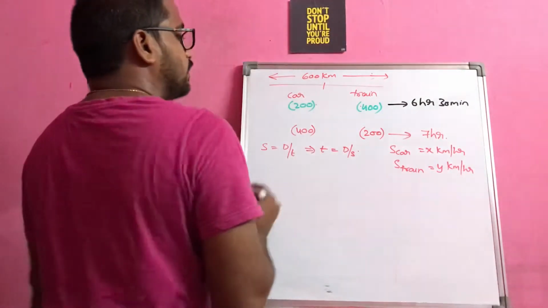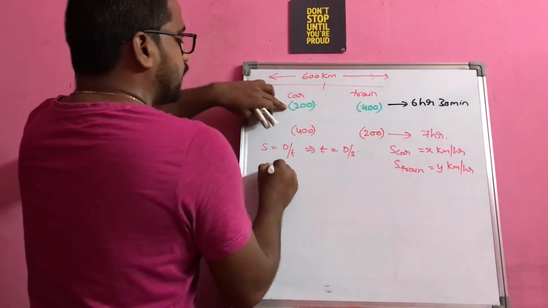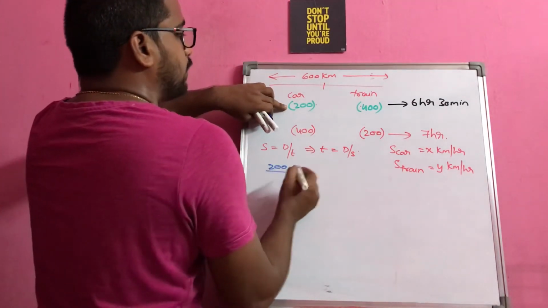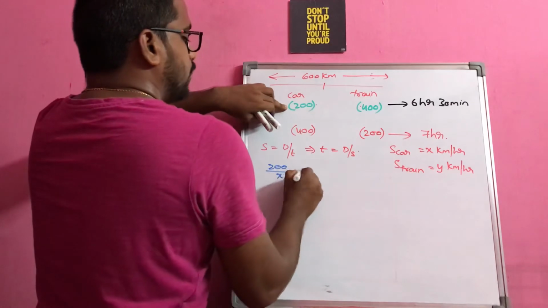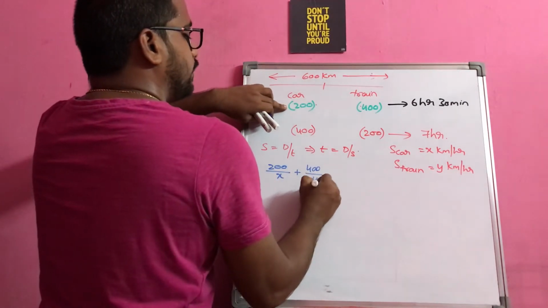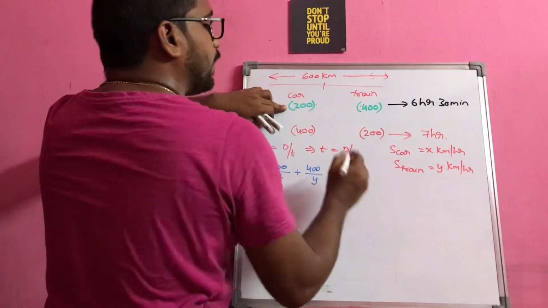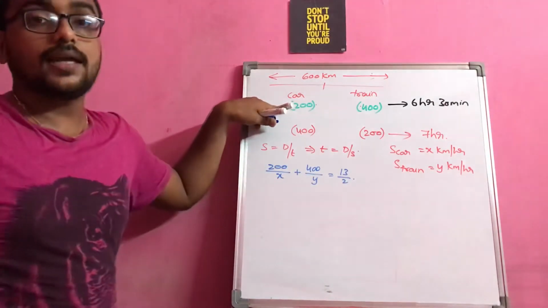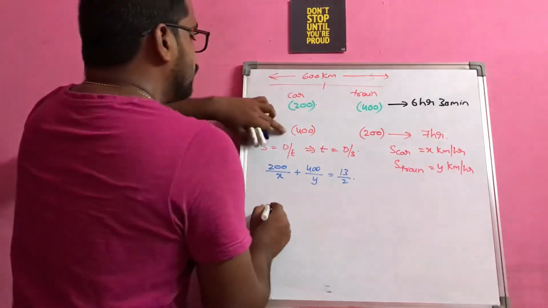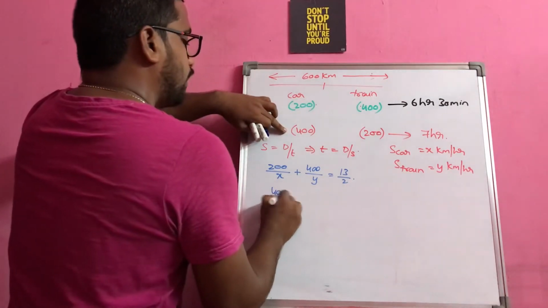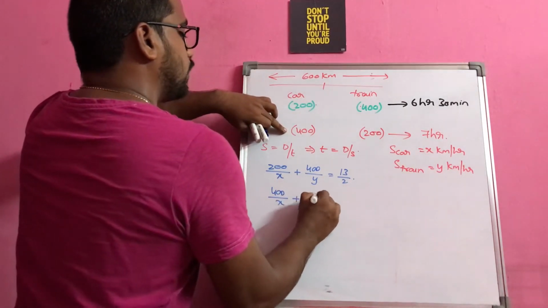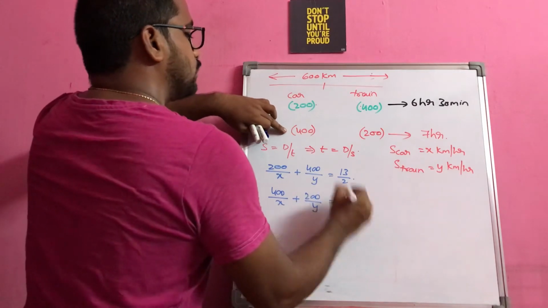So let us write the distances here. Initially, 200 divided by the speed of car x, plus 400 by y, is equal to 6 hours 30 minutes. If you write it as 6 1/2 hours, that is nothing but 13 by 2 hours. Second case, 400 by x plus 200 by y is equal to 7.